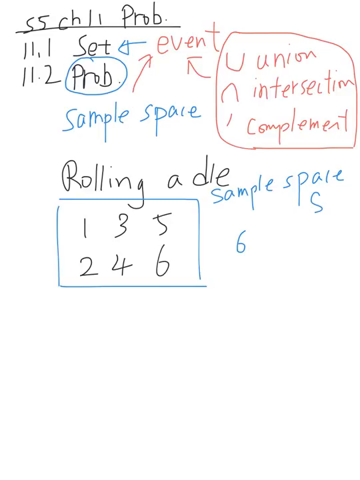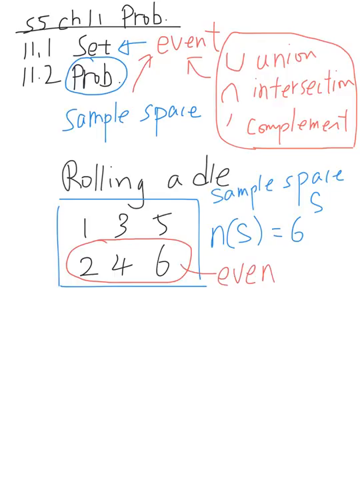Now here, the number of choices in this sample space S is equal to 6, because you have 1, 2, 3, 4, 5, 6. These 6 possibilities. Now here, if we define an event that combines these 3 outcomes, 2, 4, 6, obviously this is an even number.